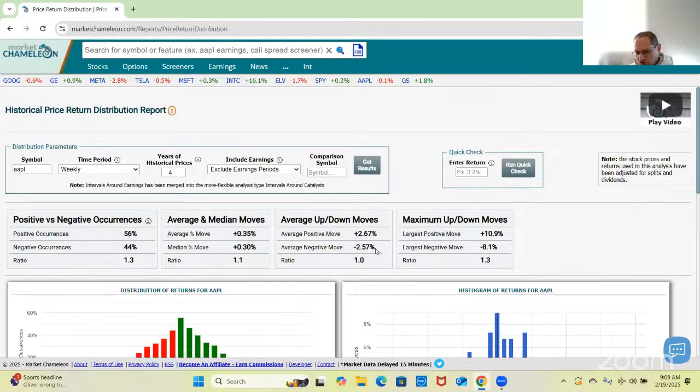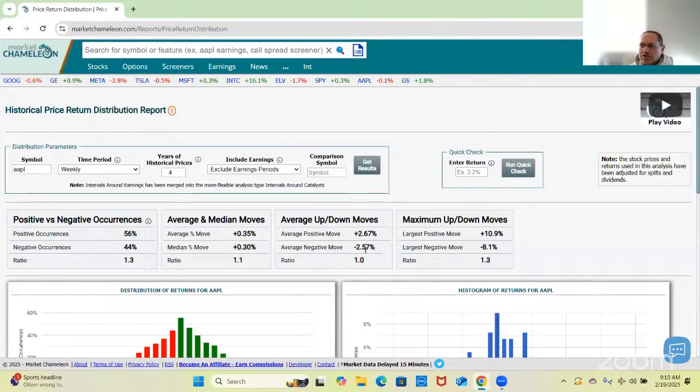What if we took the extreme moves and just compared? If we have violent moves, can it be just as violent to the upside as to the downside, or is the downside much more violent than the upside, or vice versa? Especially if you're looking at options, these can help you assess the potential skew, right?